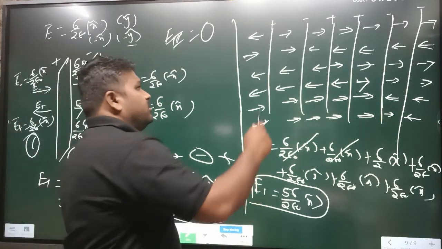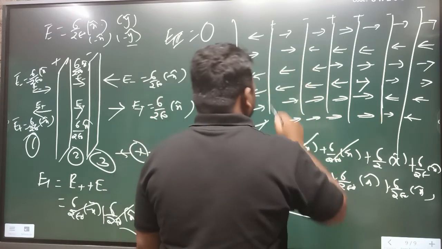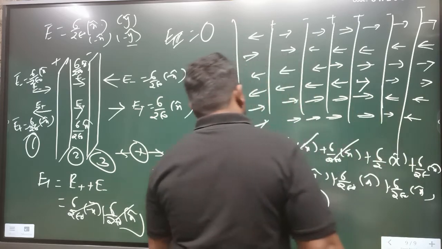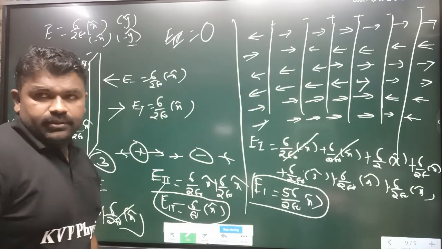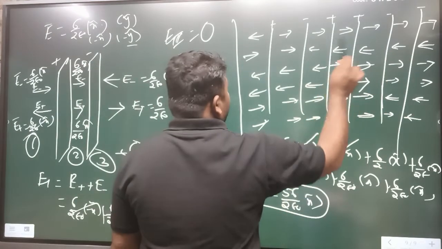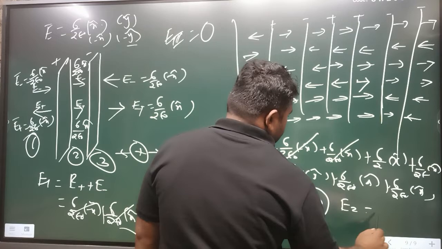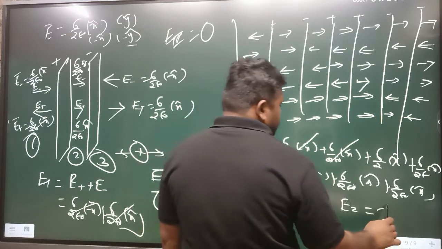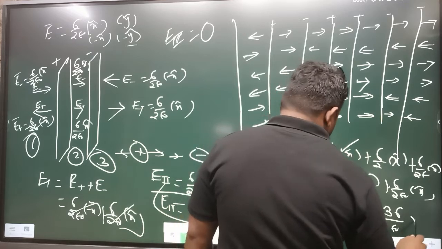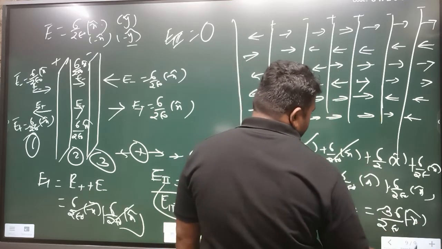Second one: here 2 are positive, and 4 are negative. 2 positive, 4 negative, so net 2 negative. Minus 2 sigma upon 2 epsilon naught x cap, direction negative. Okay.